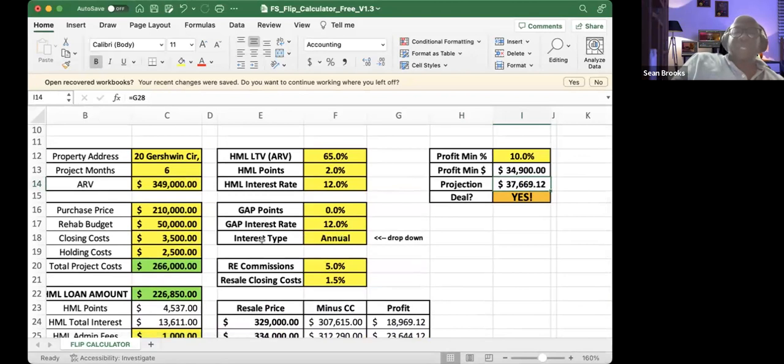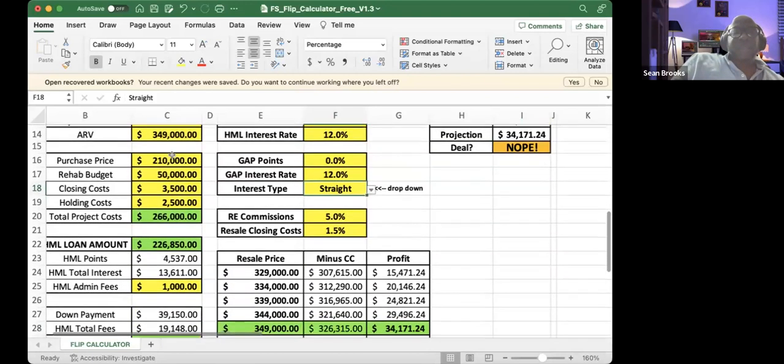This gap funder's interest type is annually, but let's say if they want it straight up. So at straight up, that's a no deal, right? So you have to restructure some things. Now the sale price on this property is $239,000.